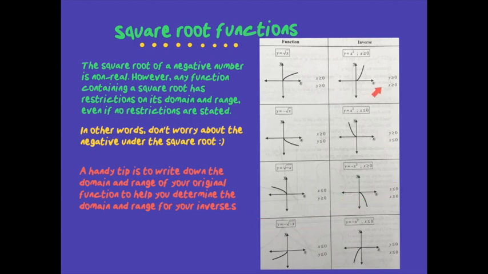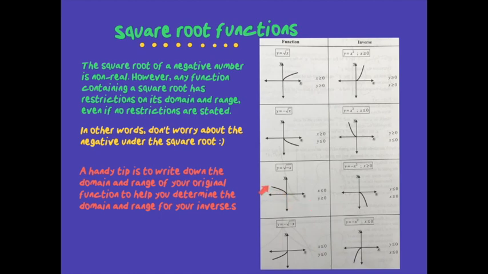So if I put this stuff down and maybe you can't remember which arm is going to be where, how do I know that the inverse of this is drawn like that? Putting down the domain and range of the original function makes your life easy, because when you've got the original and you swap x and y around, you know, okay, I want negative x values, but positive y values.